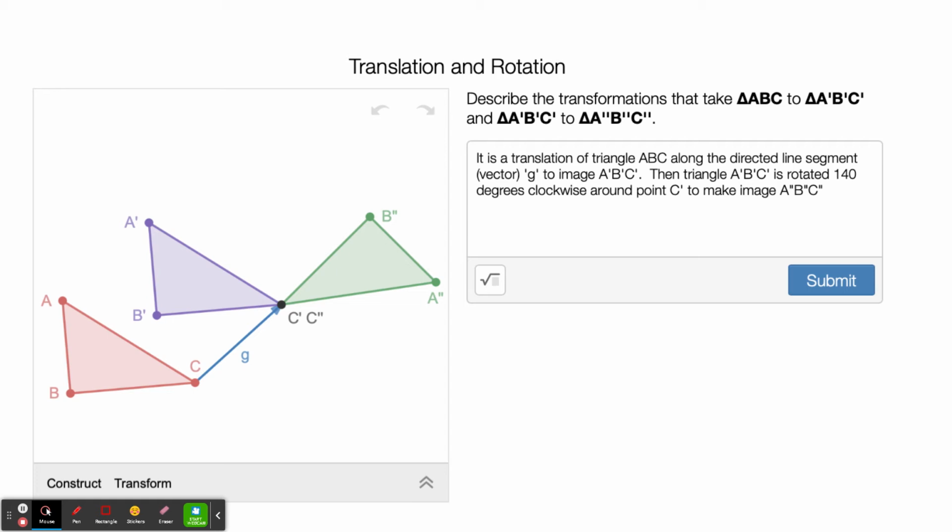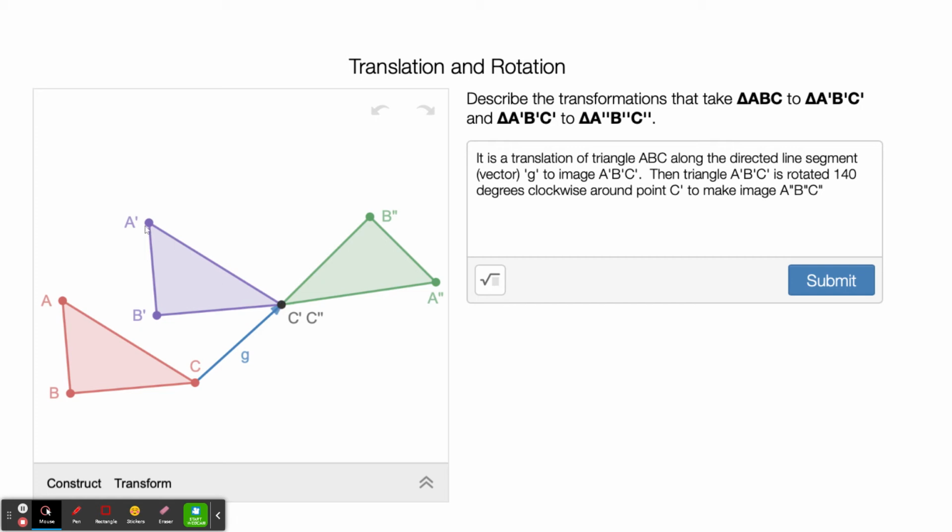Then the triangle A prime, B prime, C prime is rotated 140 degrees clockwise around point C prime to make the image A double prime, B double prime, C double prime. Now, in order to do this, you do have to use your construction tool and figure out what that angle is. And that is done by using the angle tool and then going from A prime to C prime and then out to A double prime.